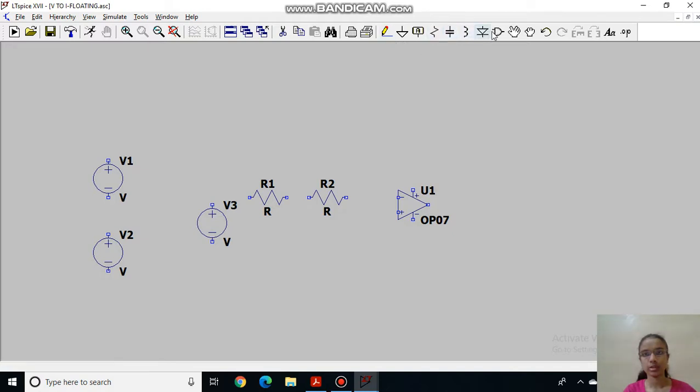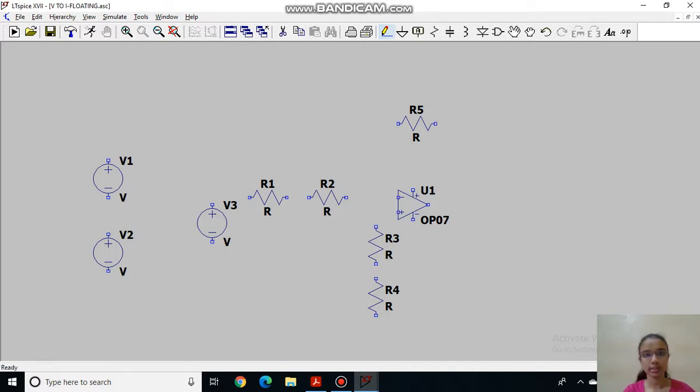I am taking two resistors because standard value of 250 ohms is not available, so 240 plus 10 in series. Now I am taking my load resistor here and place it.